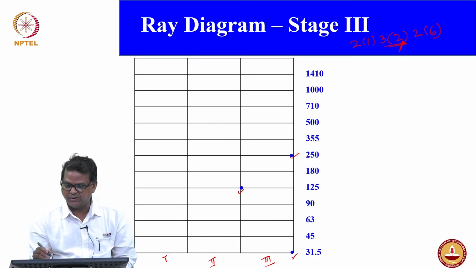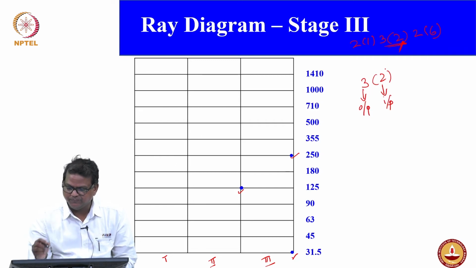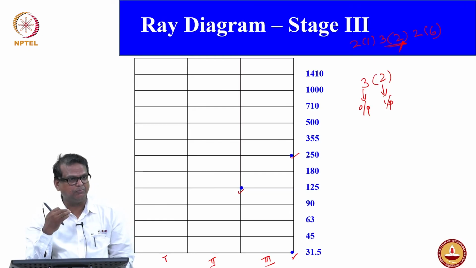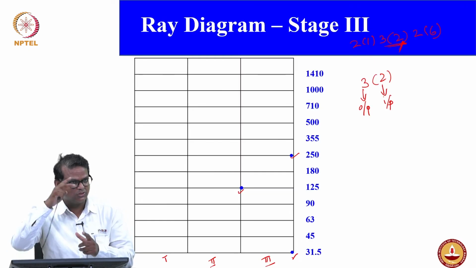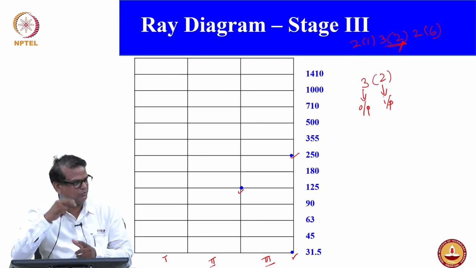One more piece of information: in 3 of 2, this is your input and this is your output. For a given input, the output will have 3 speeds placed with the difference of 2 step ratio.